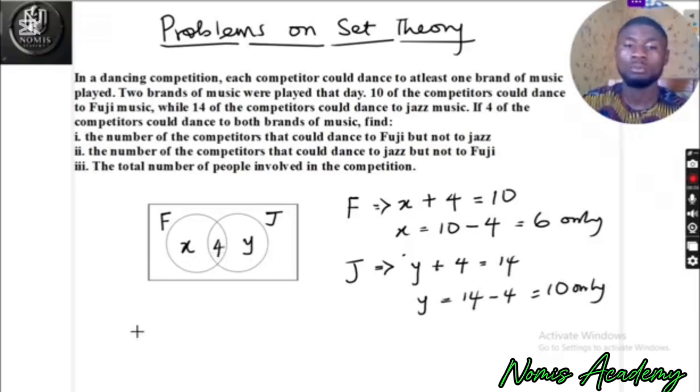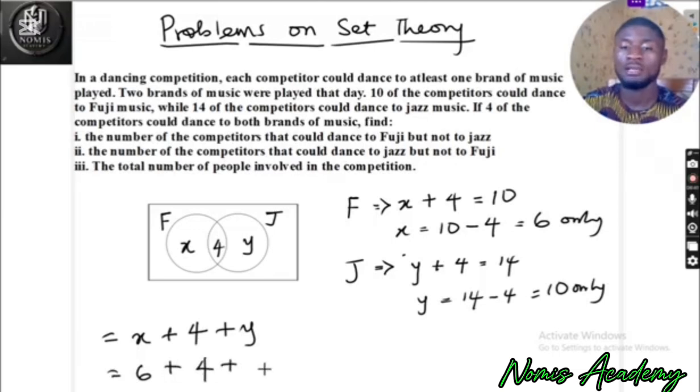So the total number of the people involved in this competition is now equal to x plus 4 plus y, and since the value of x is 6 and the value of y is 10, we have 6 plus 4, 10, 10 plus 10, 20. So there are just 20 people involved in the competition.